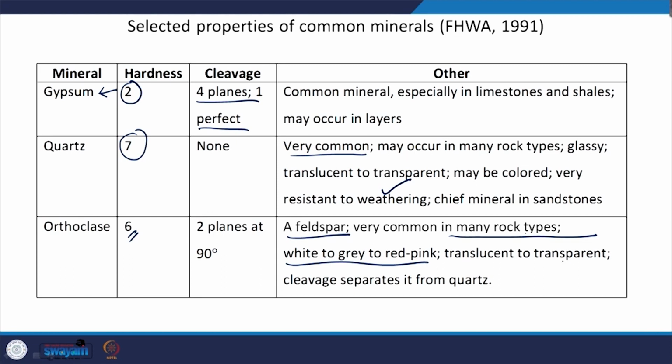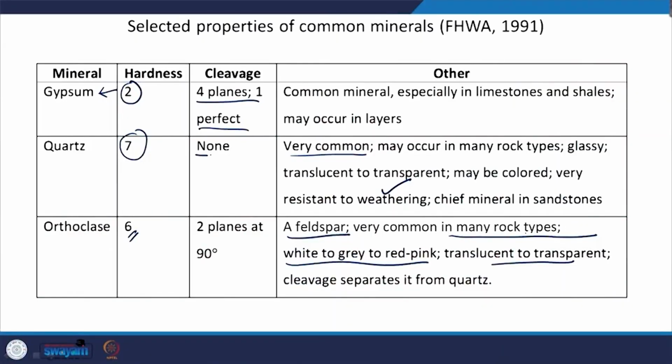This is translucent to transparent, and cleavage separates it from the quartz. So, you see that in case of quartz there were no cleavages, but in orthoclase there are these 2 planes. So, if you have any confusion, then this particular characteristic differentiates quartz from orthoclase.